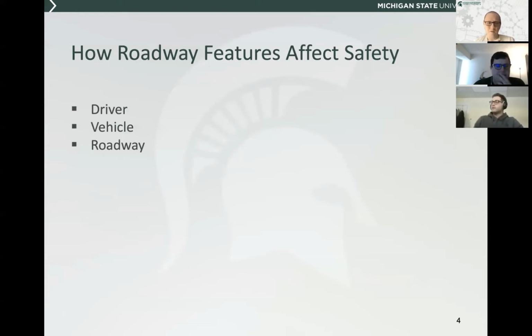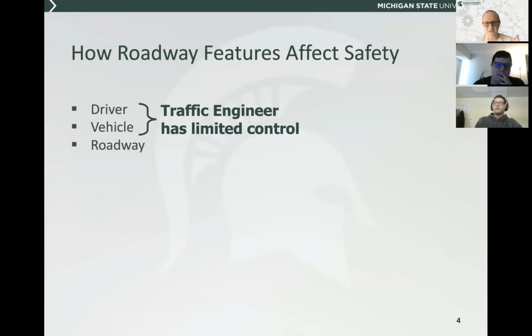Okay. Now, from our perspective as engineers, where do we have influence among these three different elements? The roadway. Yeah, roadway is really the only place where we would have substantive influence, I would argue.